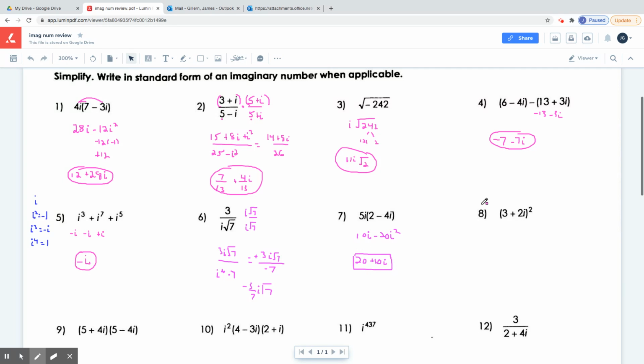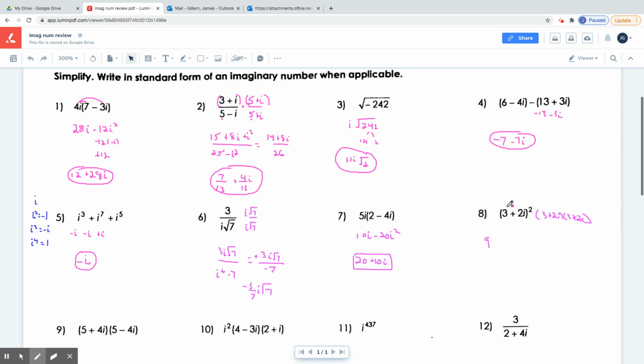Now, be careful with number 8. It means 3 plus 2i, squared. It means 3 plus 2i times 3 plus 2i. This is not a conjugate, so we have to FOIL it out. Now, hopefully you know the trick, so you shouldn't really have to FOIL this out. When you have a binomial squared, it's the first term squared, which is 9.